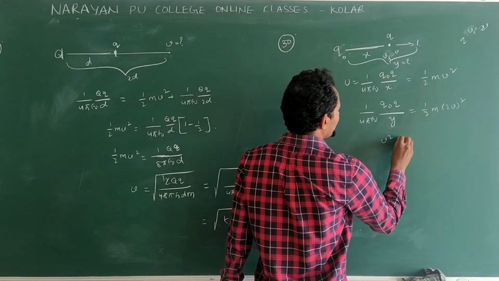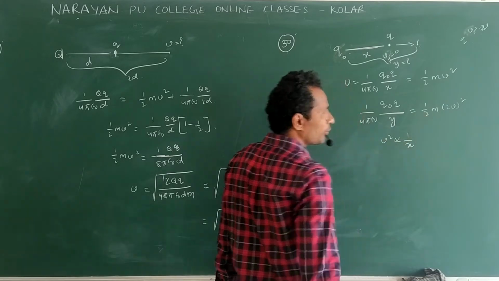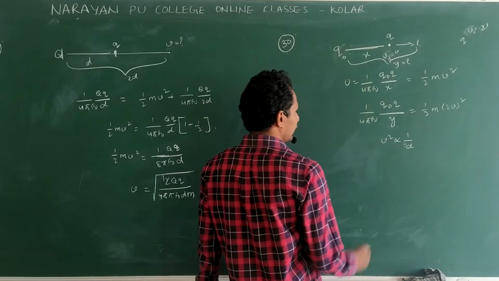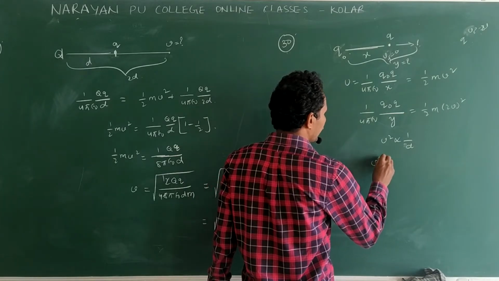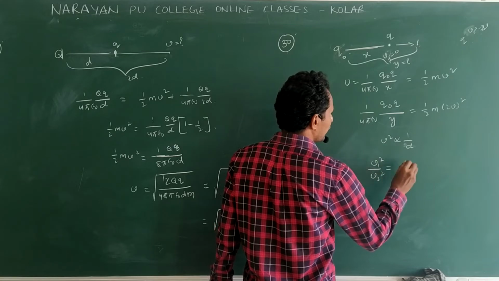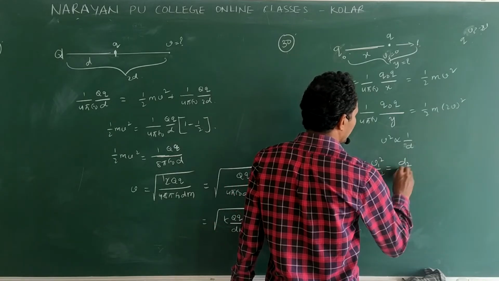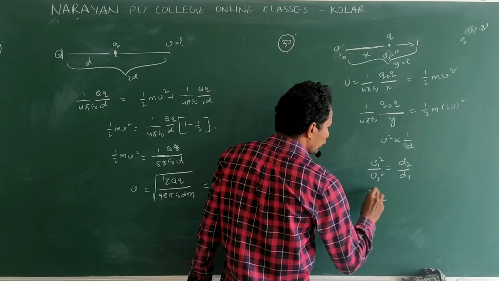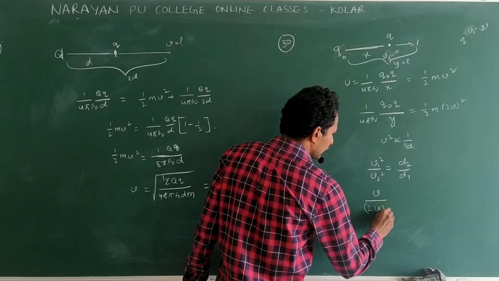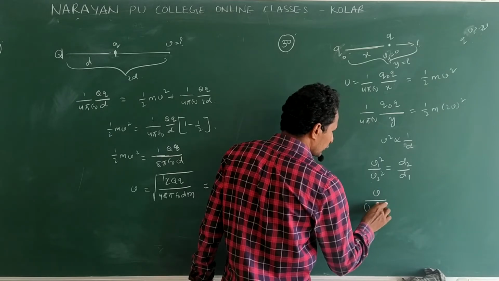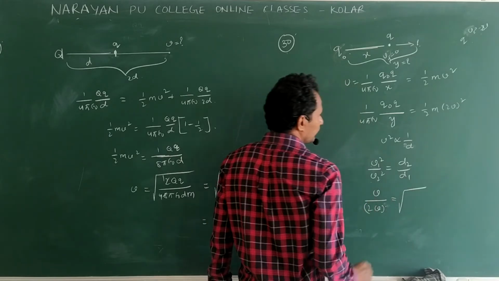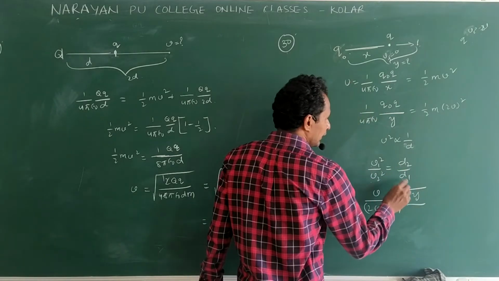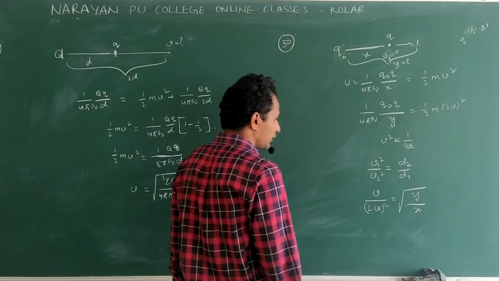So using these equations we will make a simple equation. V square is inversely proportional to 1 by x, or it is inversely proportional to distance. So we can write v1 square by v2 square is equal to d2 by d1. So v1 you take as v, v2 you take as 2v, d2 is the asked question which we took as y, d1 is x.